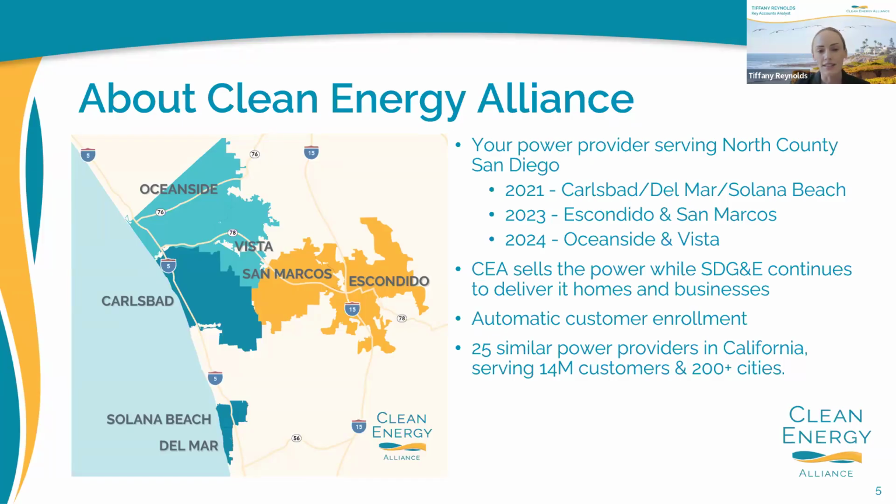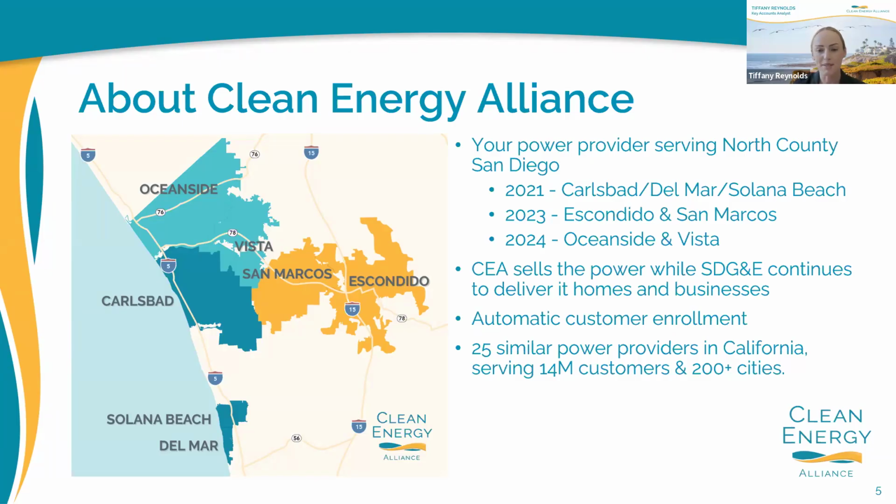CEA is in the business of buying and selling power to our customers, while SDG&E continues to deliver it to homes and businesses. We'll talk about this in the next slide. But as a result of Assembly Bill 117, customers who are enrolled in CEA are done so automatically. And that's if your local city council has elected to join what we call a community choice aggregator.